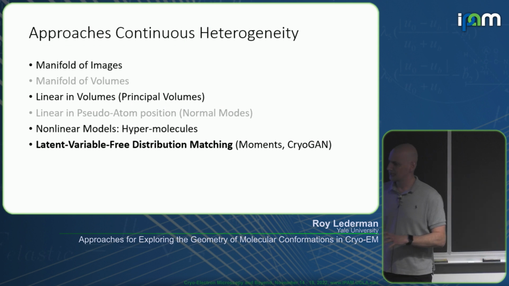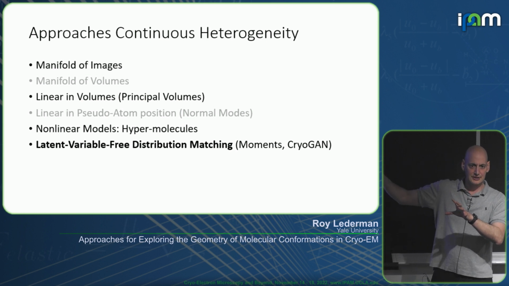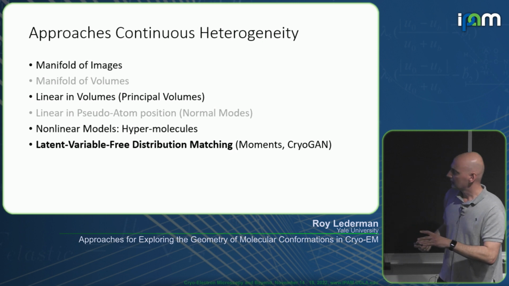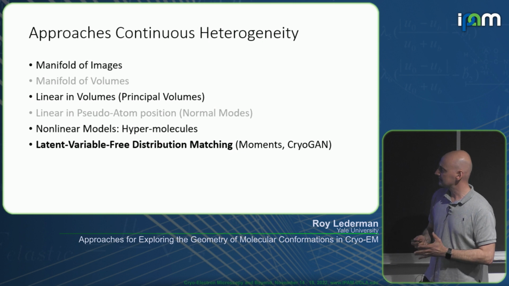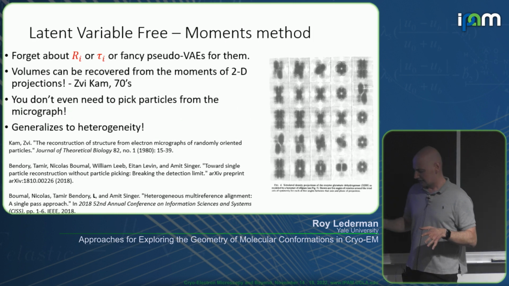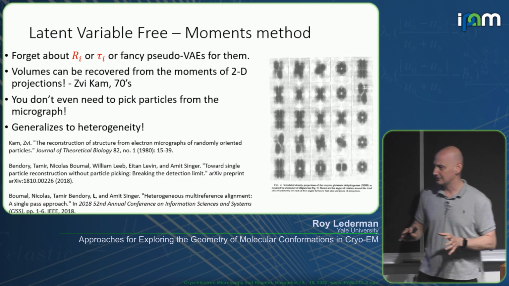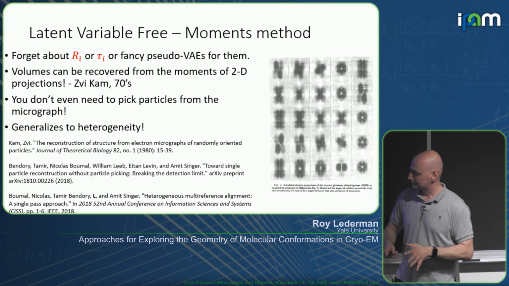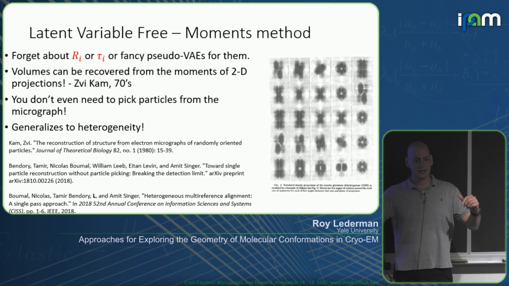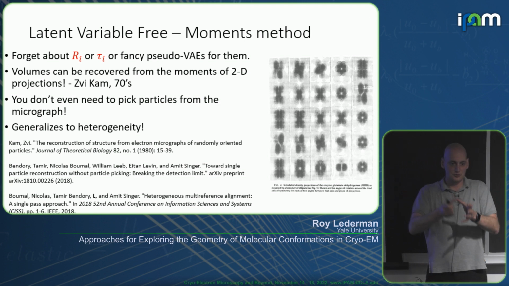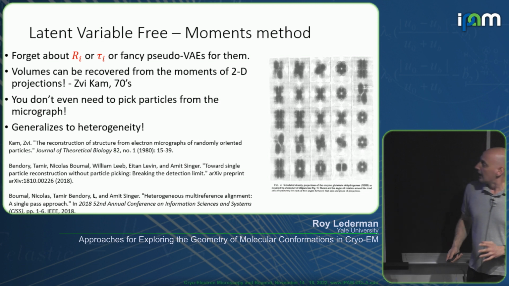Finally, I want to mention that in all the methods we talked about so far, there are a ton of latent variables, and we try to estimate them, or we have an encoder for them. And then there are two other approaches for heterogeneity that completely sidestep this, and I'm going to explain them just for the homogeneous case, because in the homogeneous case we have this issue with viewing directions.